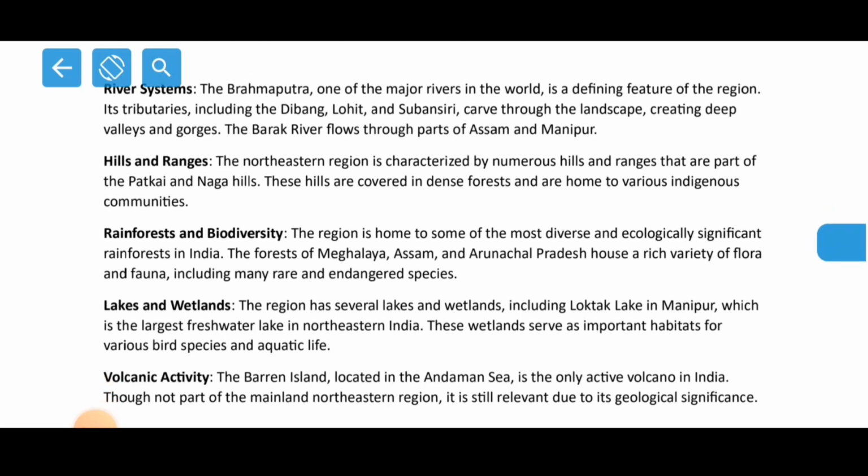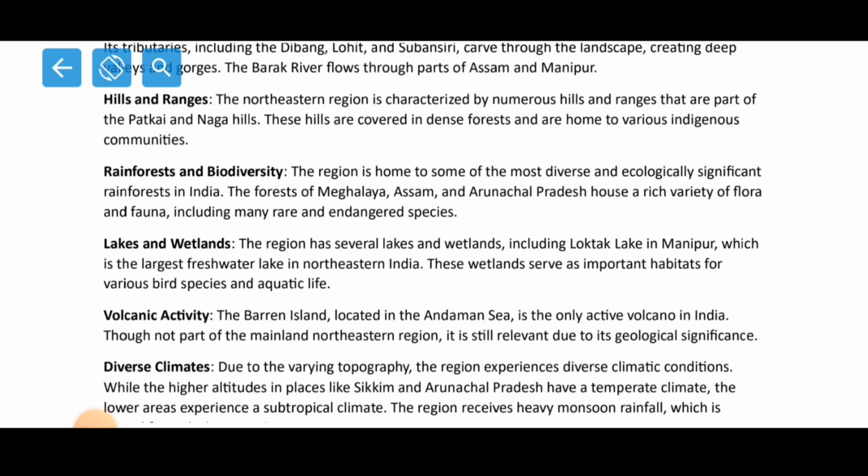So rainforest and biodiversity, let's talk about it now. The region is home to some of the most diverse and ecologically significant rainforest in India. So when we talk about India as a whole, our northeastern regions add a lot of value to our country. How? Because our country is enriched with lots of diverse and ecologically significant forest, that is the rainforest in India.